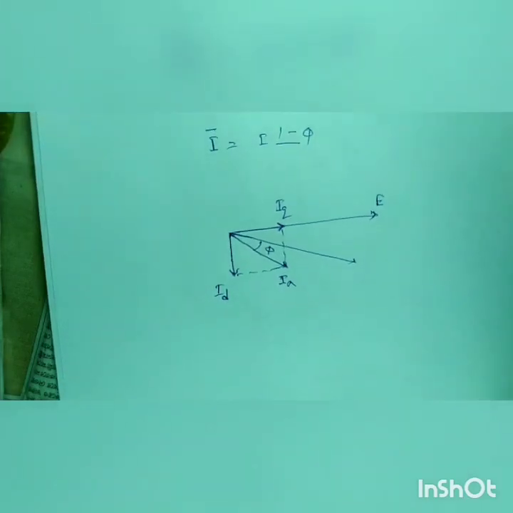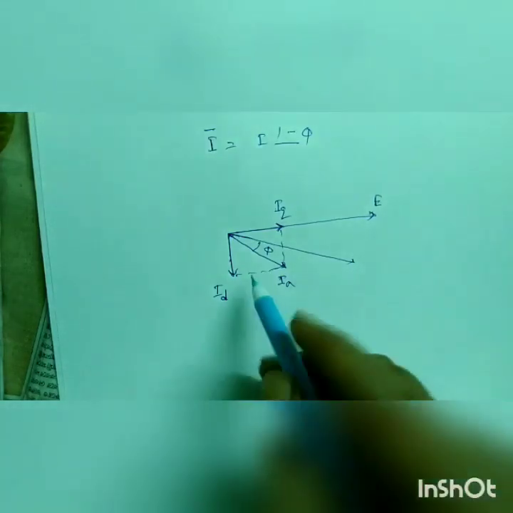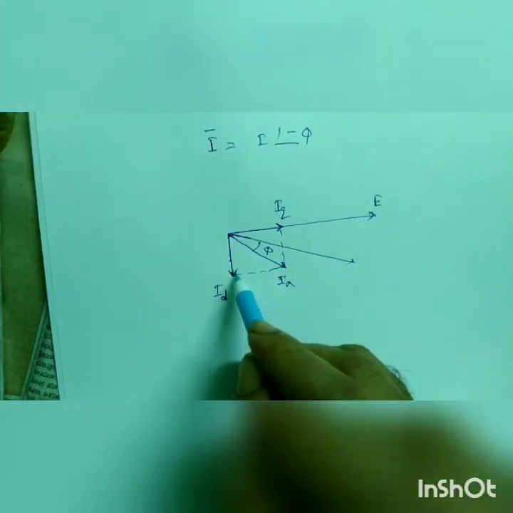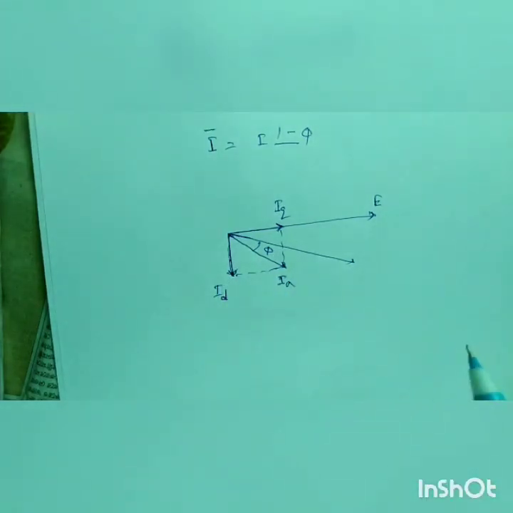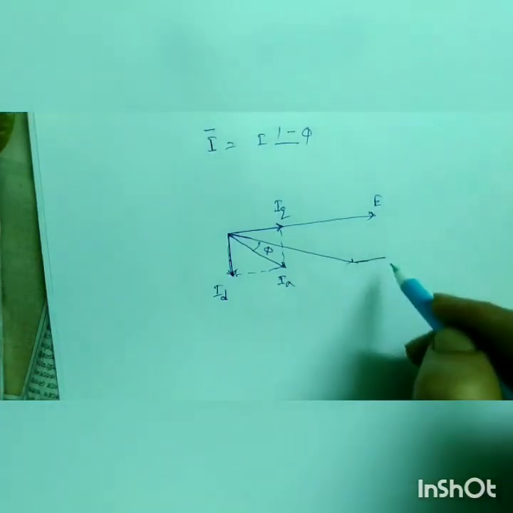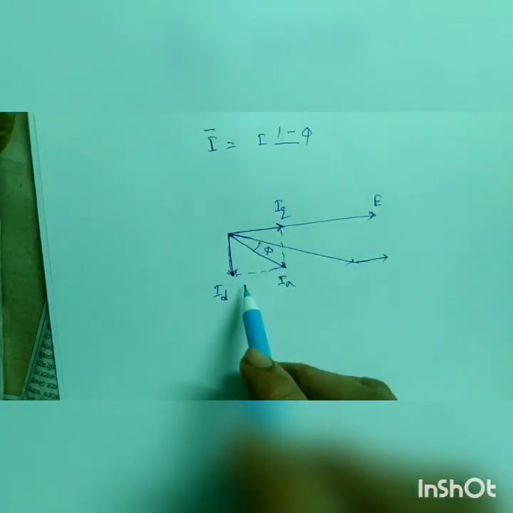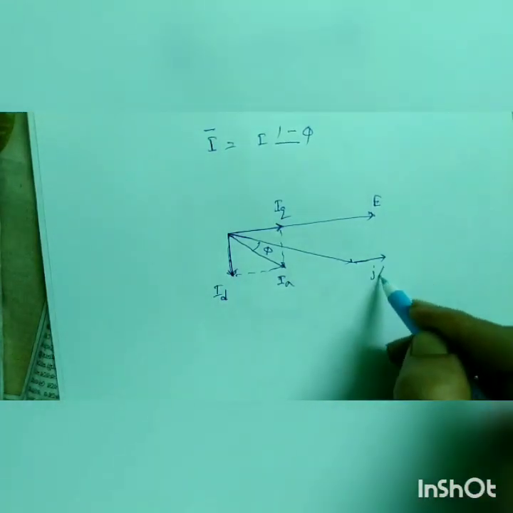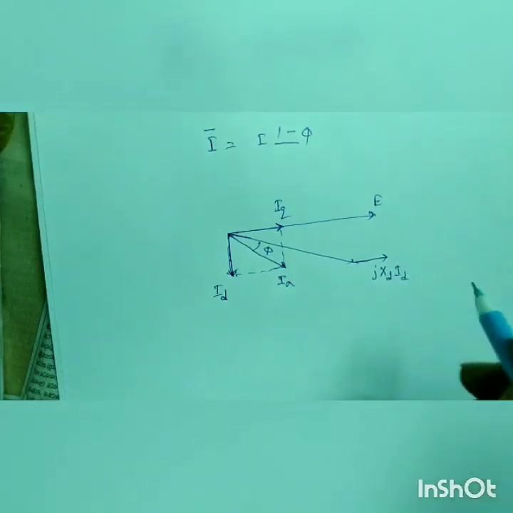So in the phasor diagram, here is ID, the voltage drop for direct axis reactance, j XD ID.